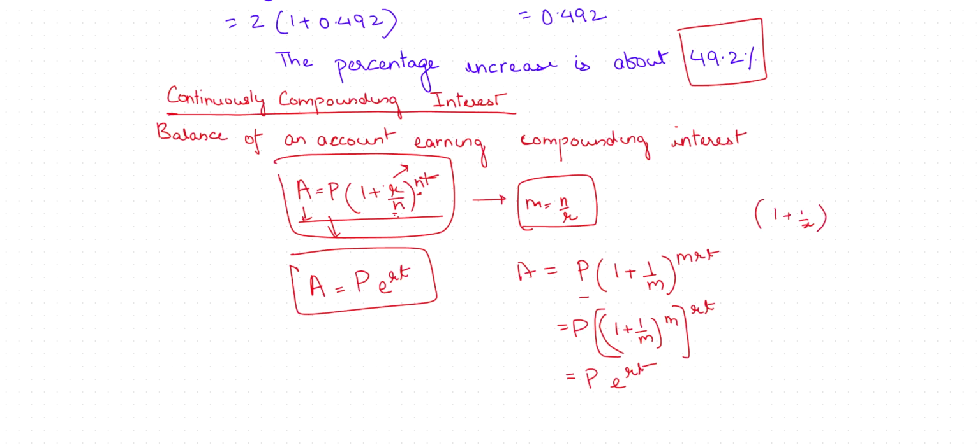So we put here e and rt. So this is the formula for the amount in an account after t years when the interest is compounded continuously. P is the principal and r is the annual interest rate in decimals. So let's do some questions and then we'll come to know.